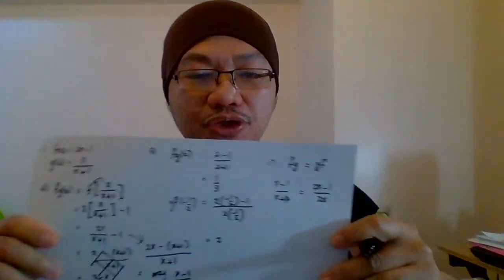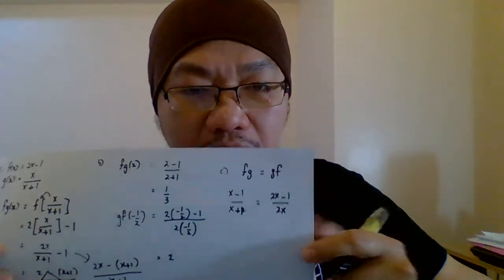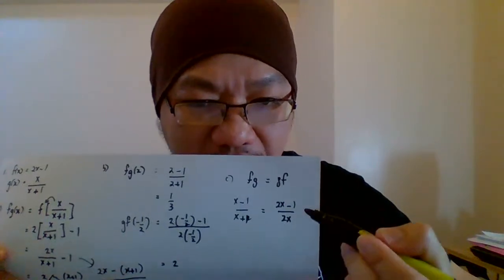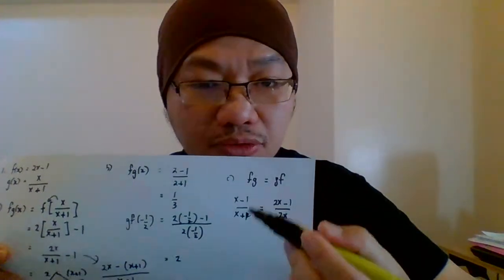Okay, FG is x minus 1 over x plus 1 equals to 2x minus 1 over by 2x. Okay, you're supposed to get this. So x minus 1 over x plus 1 equals to GF here. Now, to solve the problem, you want to find x, cross product. Okay, you just cross product. So, it becomes expansion now.